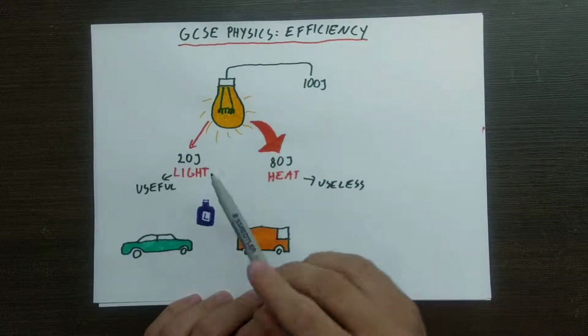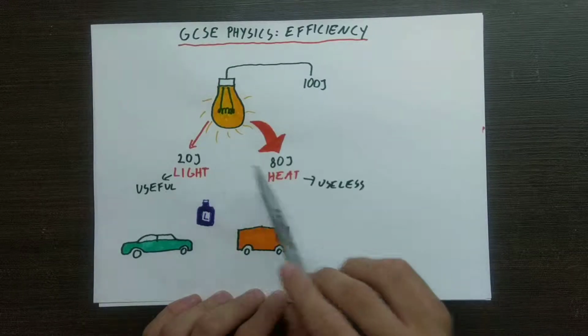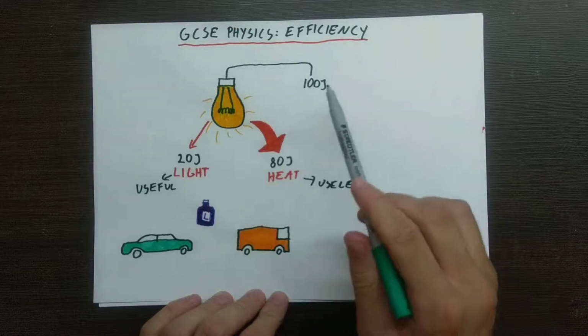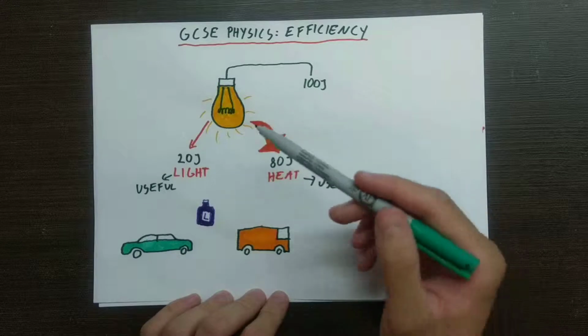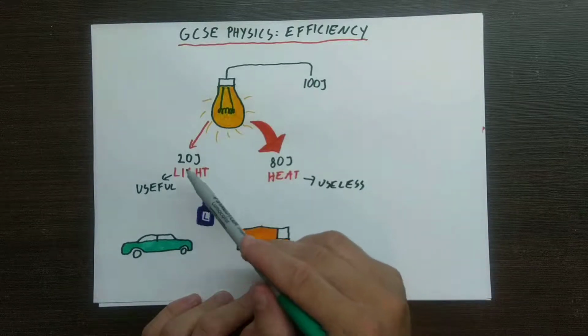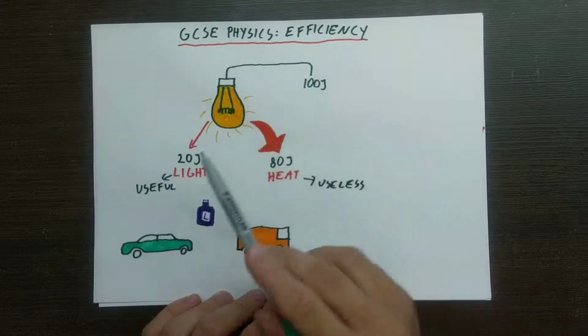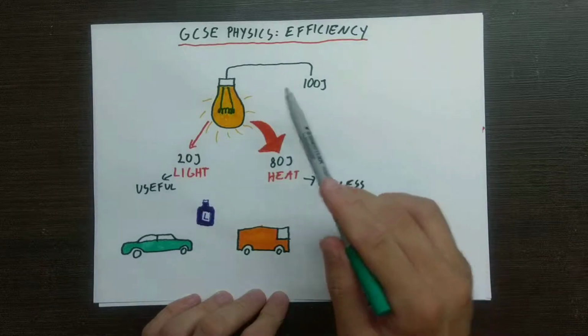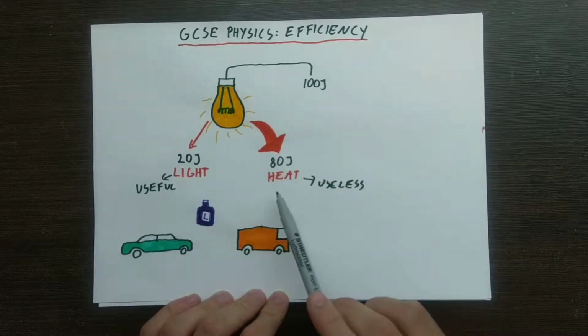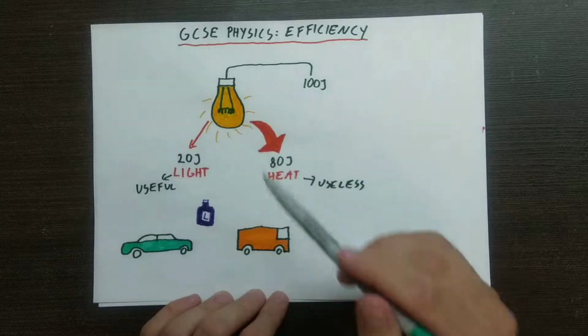So, this may be surprising, why such a split. Why is this light bulb pretty terrible at doing its job? It only gives you 20 joules worth of useful energy for 100 joules that you put in, whereas it gives out so much heat. It's terrible at its job.